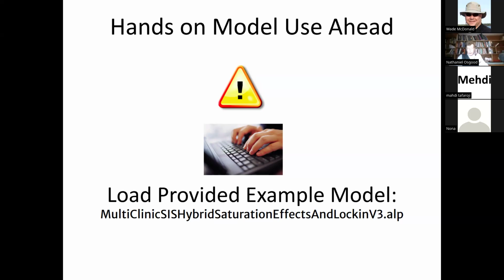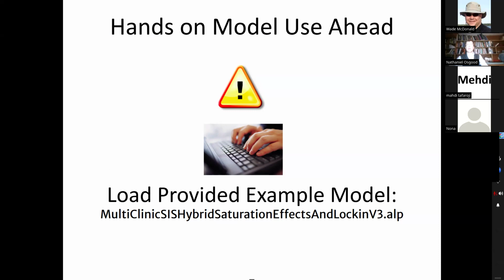So I'd like you to load up a model provided to you in that set of example models called multi-clinic SIS hybrid saturation effects and lock-in. It's in the hybrid folder of the AnyLogic 8 examples.